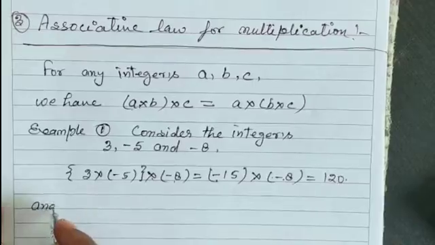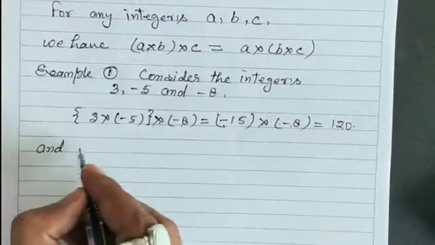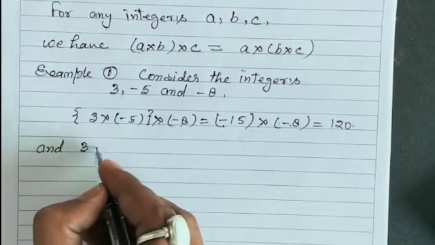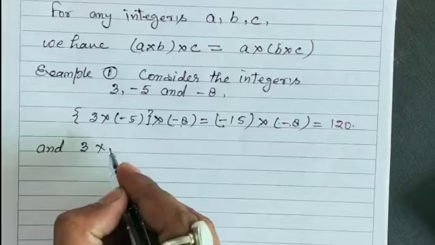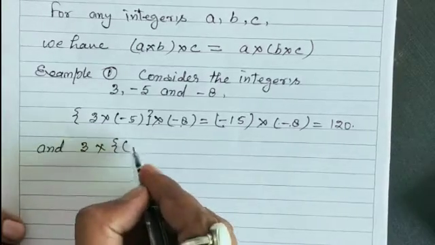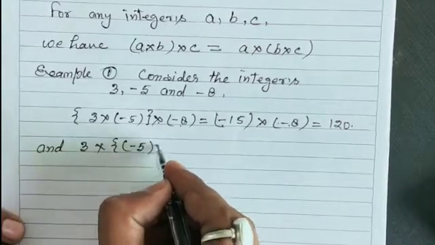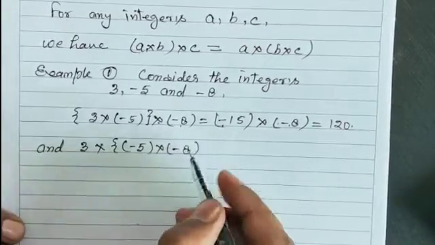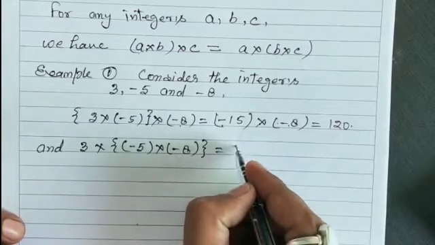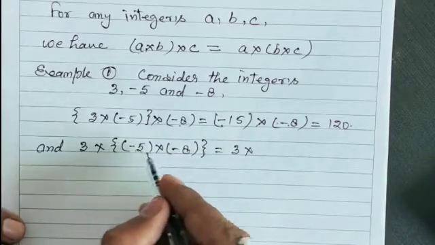And we leave 3 into (-5 multiplied by -8), bracket close, is equal to 3 multiplied by (-5 into -8).